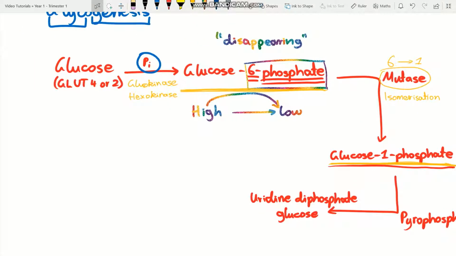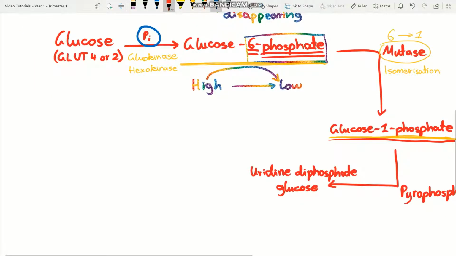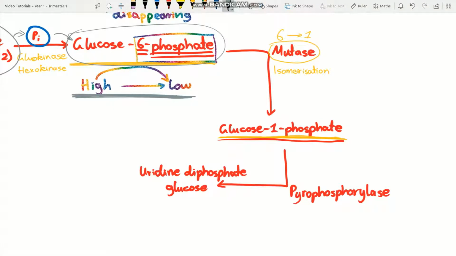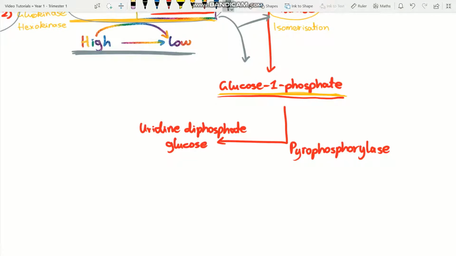So just to recap so far, we firstly have glucose traveling into the cell, being phosphorylated, being converted to glucose 6-phosphate. That allows a concentration gradient to be maintained into the cell. Then glucose 6-phosphate is going to be isomerized into glucose 1-phosphate by the mutase enzyme. Then it's going to be converted to uridine diphosphate glucose, which is sort of like a carrier molecule that allows for glucose 1-phosphate to easily be polymerized into the glycogen molecule.